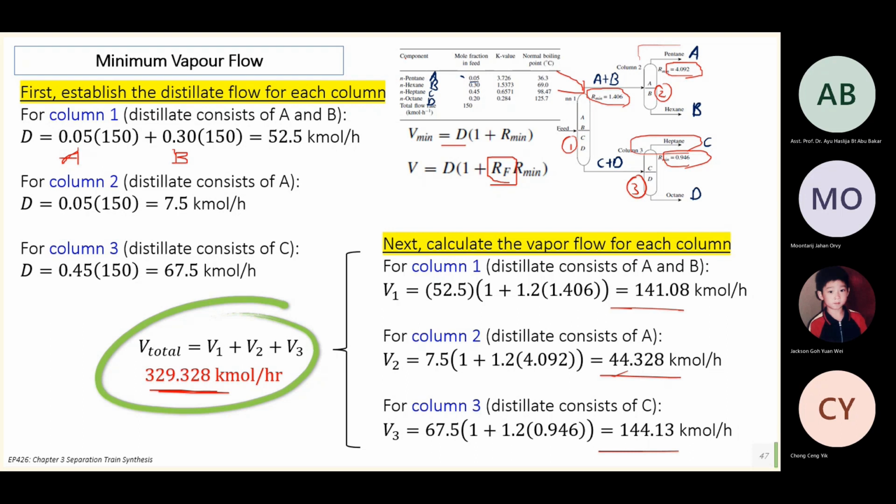You can check your slide back. Multiply by 150. Where does 150 come from? Here, total flow rate. Now plus B, mole fraction of B is 0.3. Multiply by 150. Now this is distillate for column 1, D1.